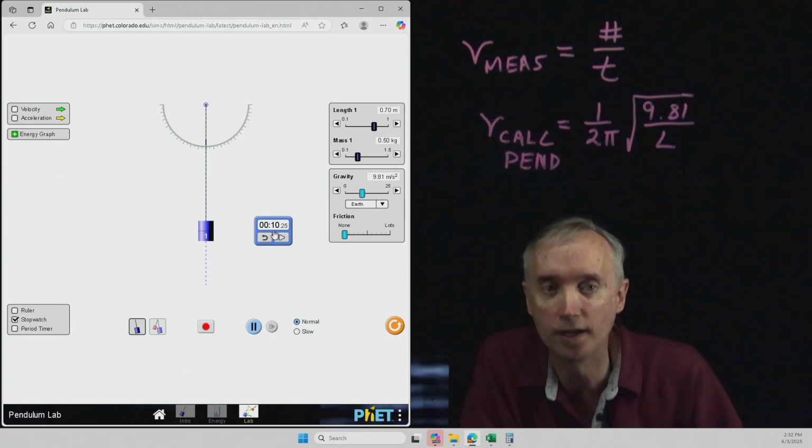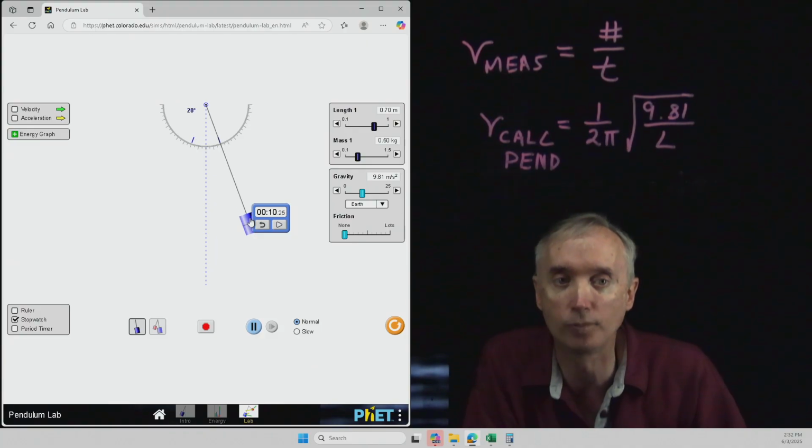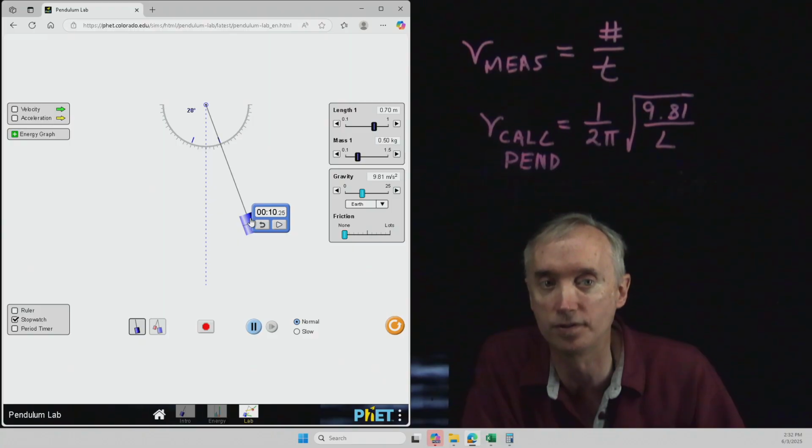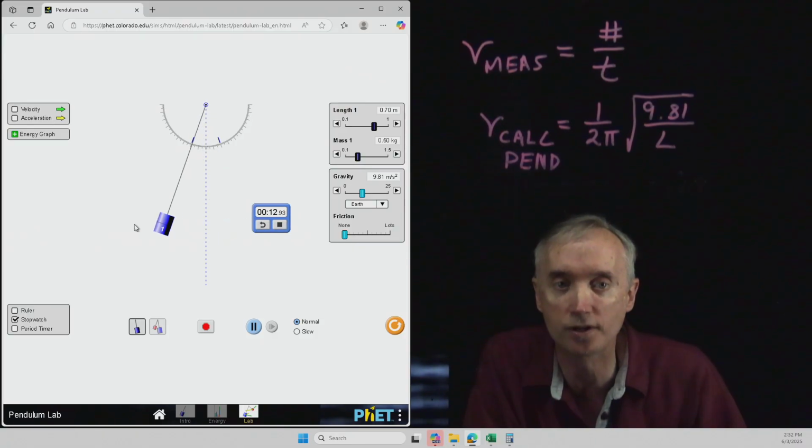Now I would take the stopwatch and put it right next to the pendulum so that when I pull this thing out 20 degrees, I'm right next to the stopwatch. So if I let it go, then you click on the stopwatch as soon as it comes back to you.